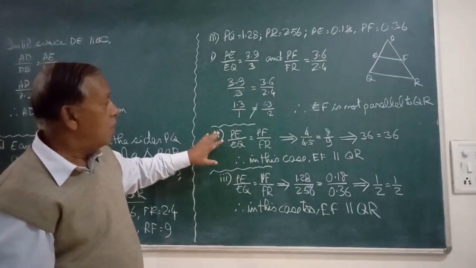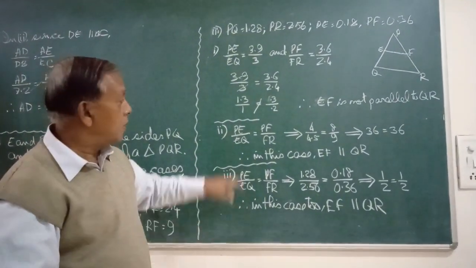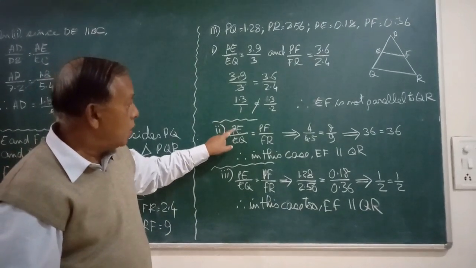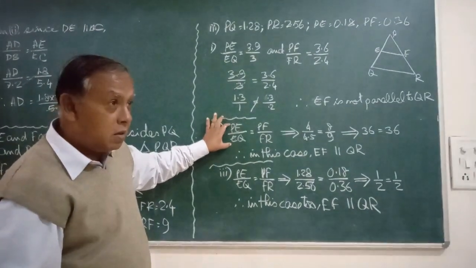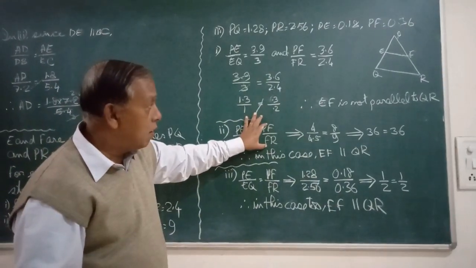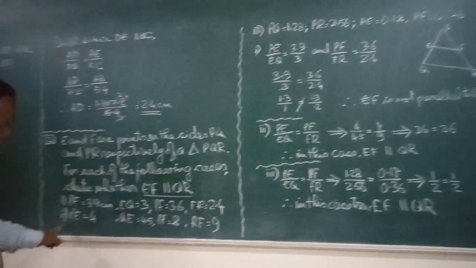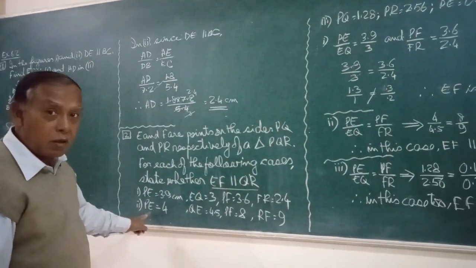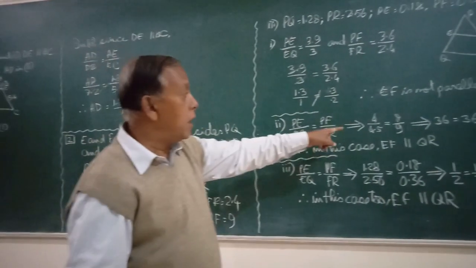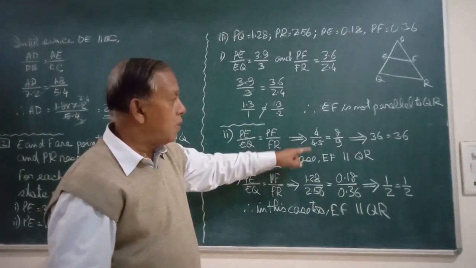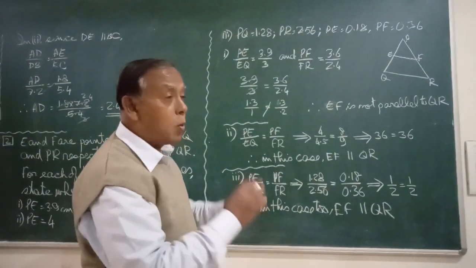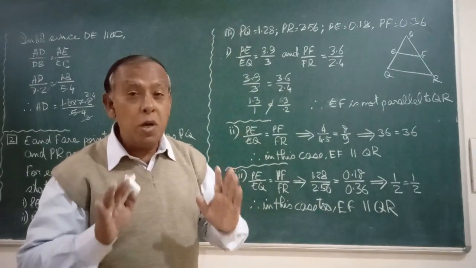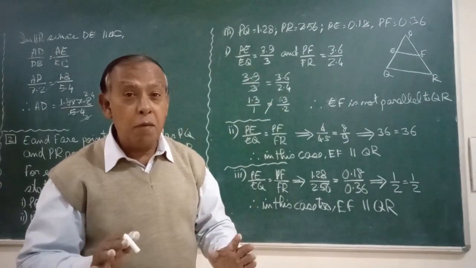Second set, once again, same method. PE, so ratio of one side is equal to ratio of the other side. And then we apply the values. The values are given here, we are applying the values. And then what do you notice? Here too, when you have a fraction, dear friends, how to simplify it?